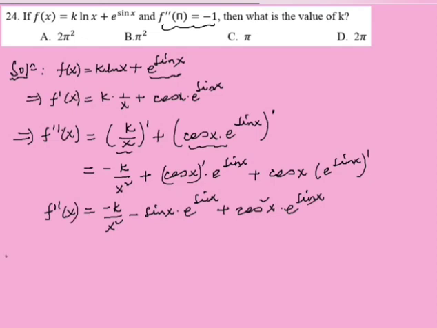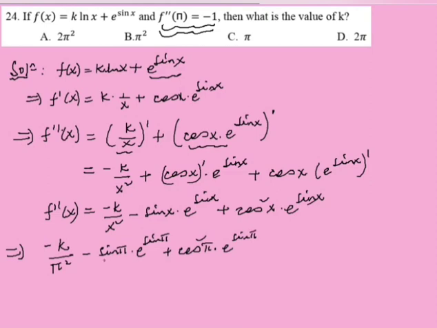So our second derivative at pi is minus 1, which means substitute pi here: minus k over pi square minus sine pi times e to the power of sine pi plus cos square pi times e to the power of sine pi.